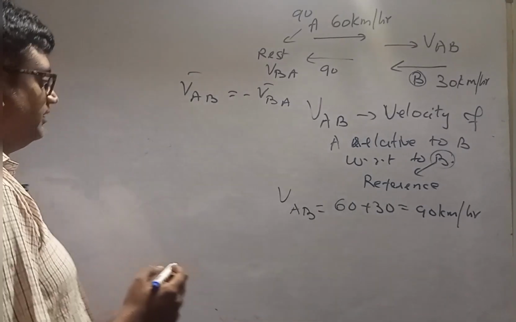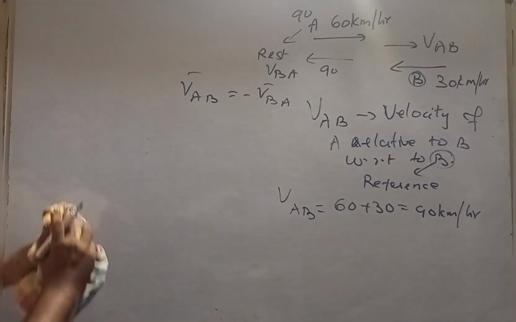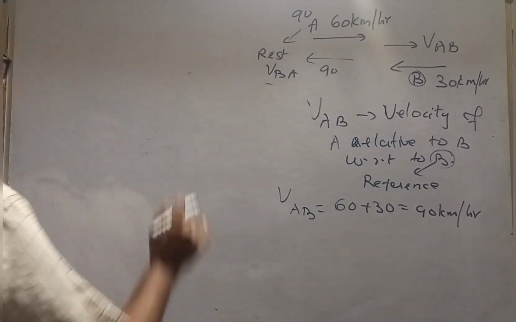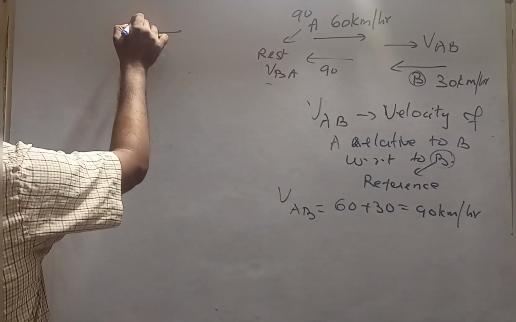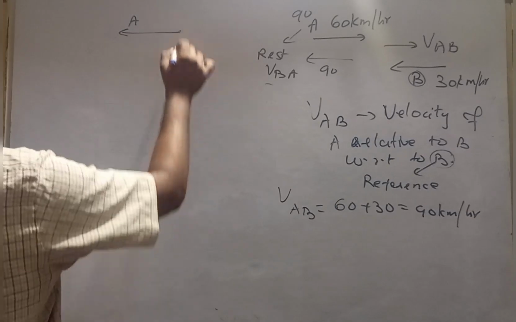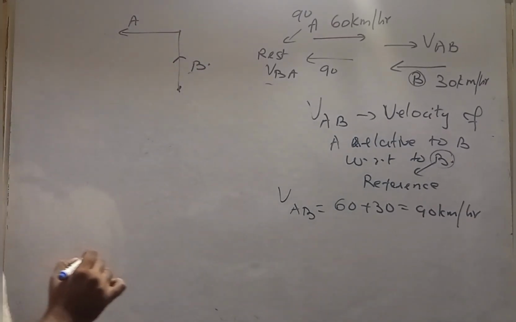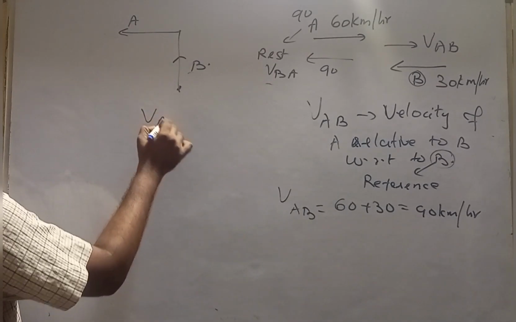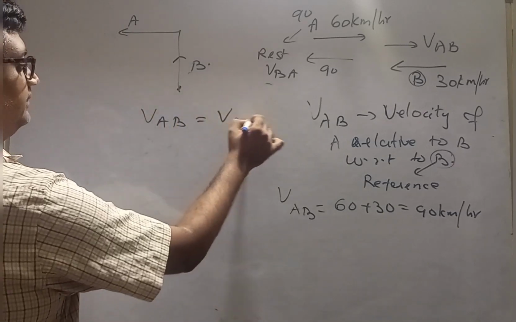We can take another example. In this example, the velocity of A relative to B, the formula would be VA minus VB only.